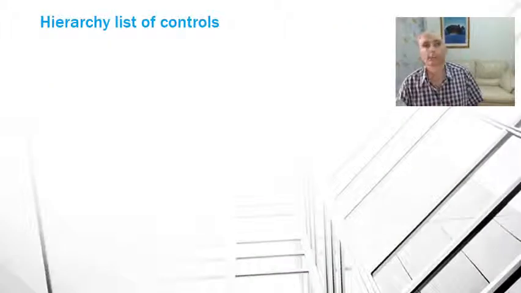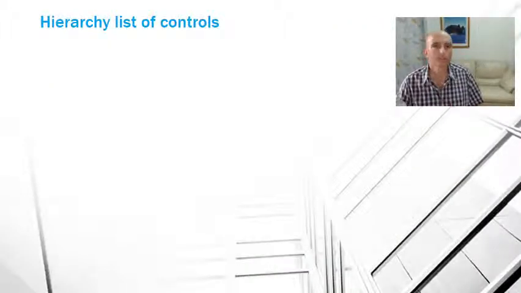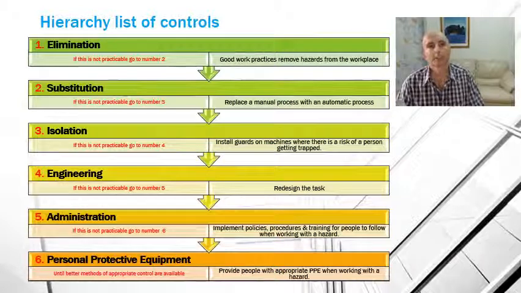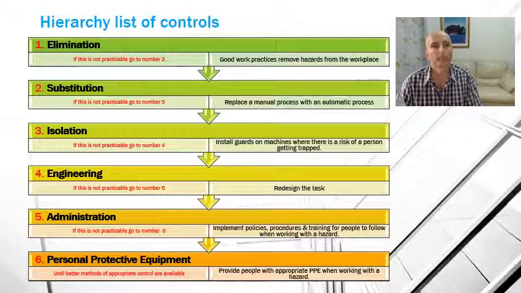So we've looked at risk assessment. Now this next tool is called the hierarchy list of controls. And in essence what it is looking at a step from step 1 through to step 6. Now in step 1, elimination, if we already have good work practices and people working with us that are removing hazards from the workplace and there are no problems, you don't have to go past elimination.